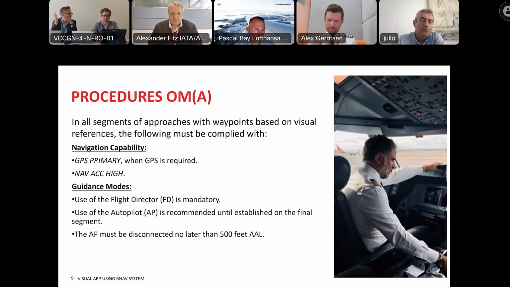We need a navigation capability of high nav accuracy, and if the state in the chart says GPS is required, we need GPS primary, and in the guidance mode, flight director is mandatory for Iberia and autopilot recommended. If we have no problem with the autopilot, we have to use it until the final segment. The autopilot will be disconnected no later than 500 feet. This is according to the circling limitations. We'll see now if we can establish another minimum, as it says the SIB.